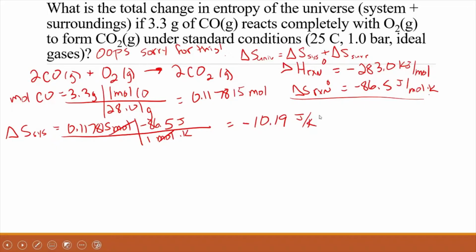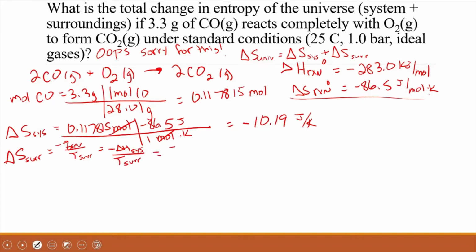And then we can do delta S for our surroundings. And from your book, one thing it told us was that delta S surroundings is equal to negative Q reversible over T surroundings. So in this case, it's going to be equal to negative delta H system divided by the temperature of the surroundings.